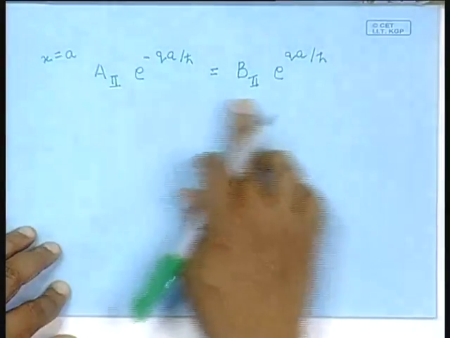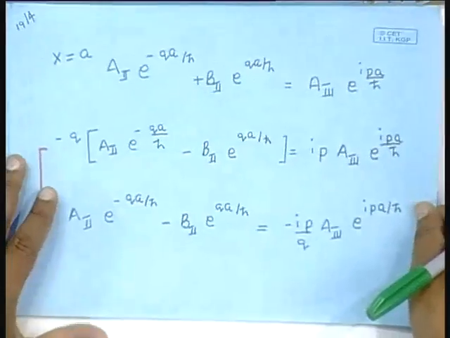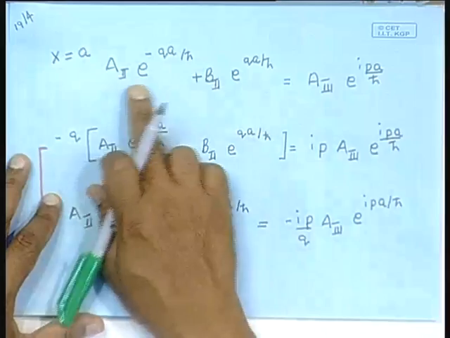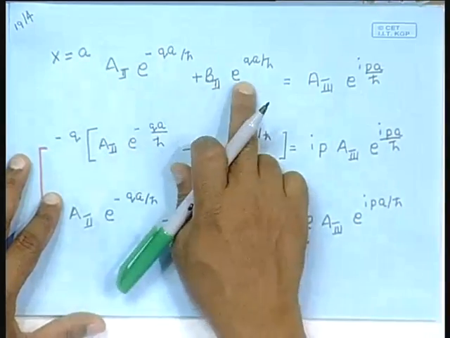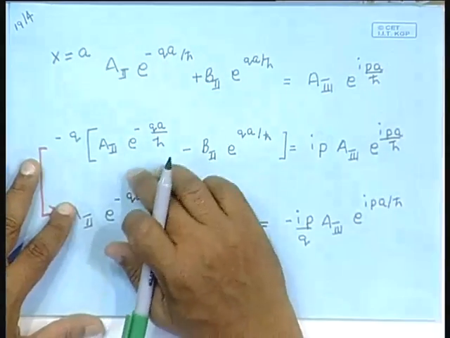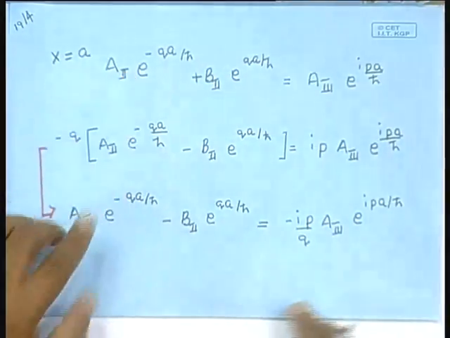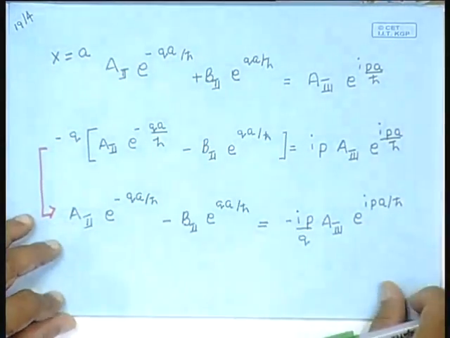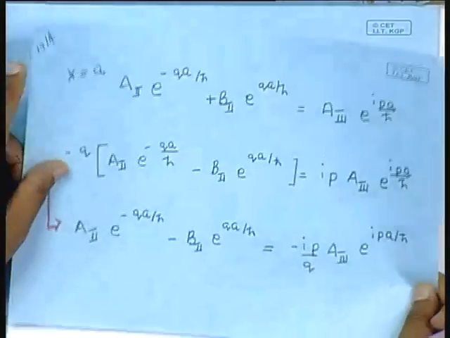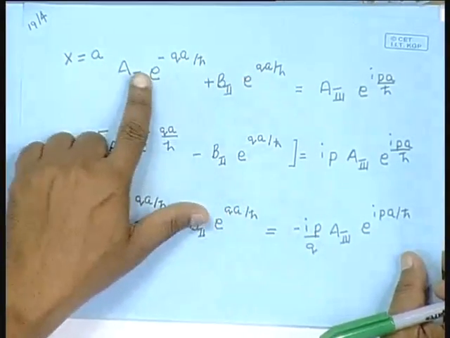Now, if you take this and use it in this expression, which comes from the requirement that the wave function has to be continuous across the boundary. What we have seen is that this is equal to this. So, if I take this and apply it here, I can replace this term by this term.